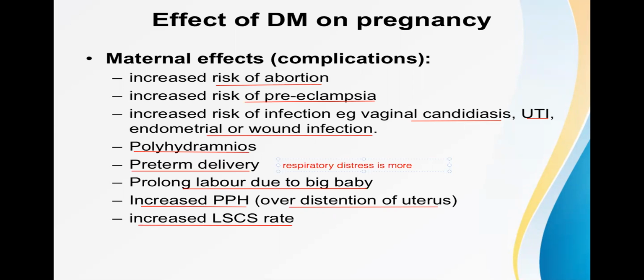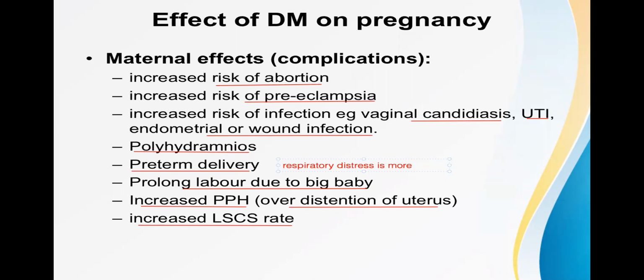Exactly, absolutely correct. So that's the point I'd like to hear here. Remember, in a preterm baby delivered prior to 34 weeks of gestation, there is no synthesis of surfactant. So we already know that. But in this case, the mother is diabetic. If the baby is delivered prior to 34 weeks, there is even more risk.